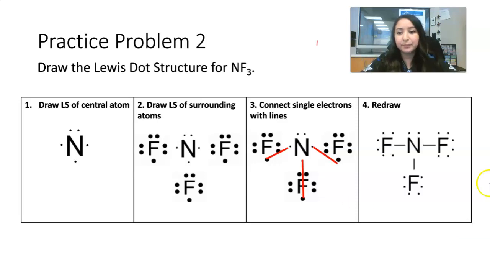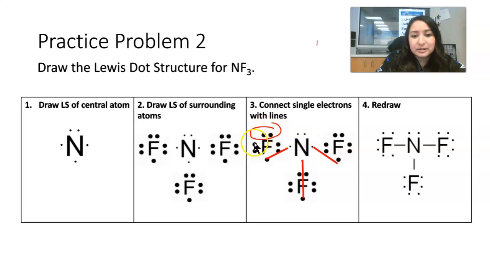Boom, there it is. So here you have nitrogen in the center, and then you have the lone pair on top, and then you have 3 fluorines on the side. Note that we just moved around the lone electron pairs. The electron pairs are whenever you have 2 electrons together.